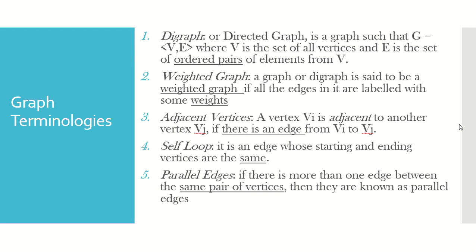If you have two vertices A and B, and there is a directed edge connecting A and B pointing to B, then that edge will be represented as A comma B, because it is starting from A and ending at B. If all the edges of the graph are directed edges, then such a graph is known as a digraph or directed graph. The second one is the weighted graph.